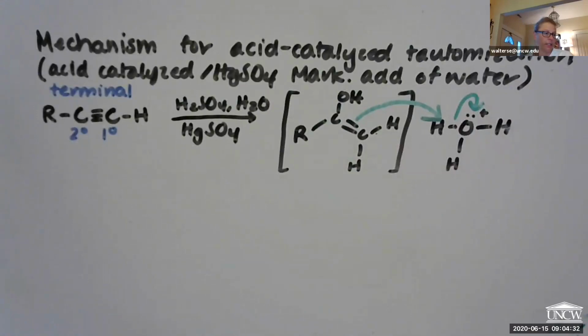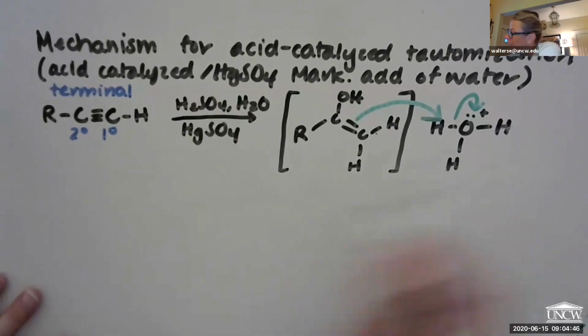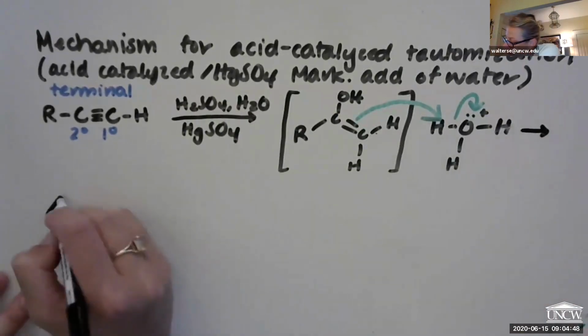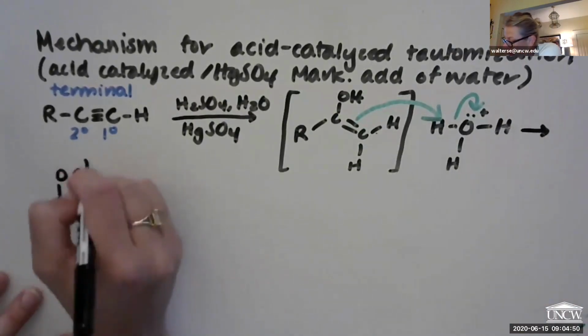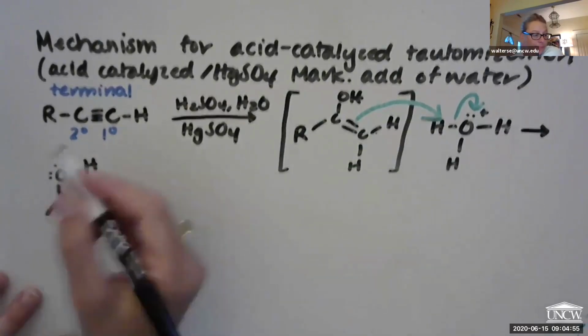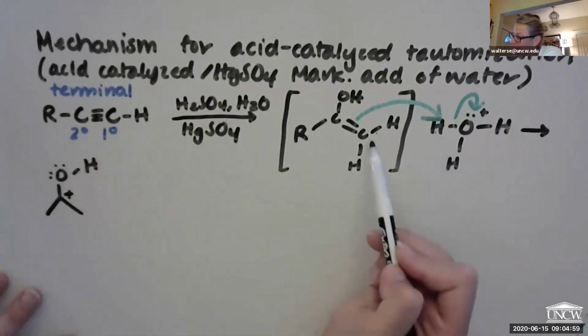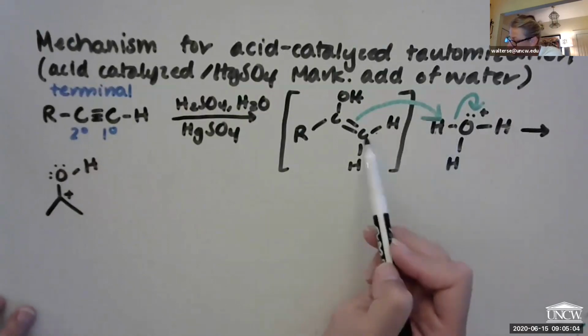Sorry, I got confused about this. Okay, so what we're going to do then is we are going to generate this species. Okay. So what we've done is the proton adds to this carbon. Okay, so H to carbon.